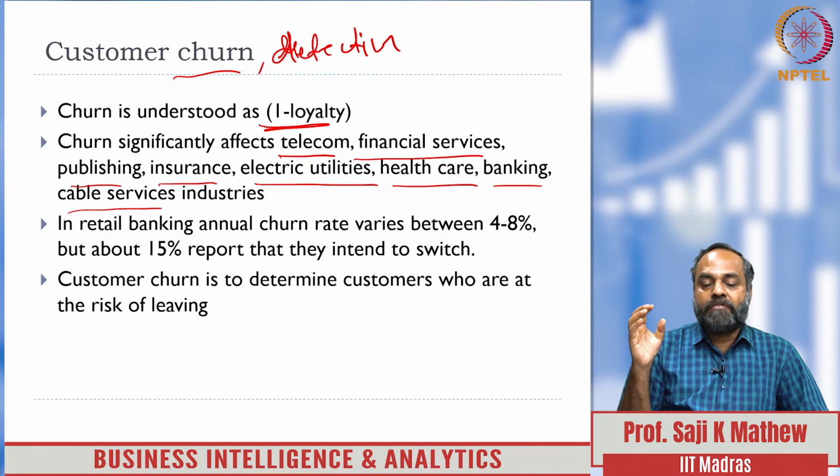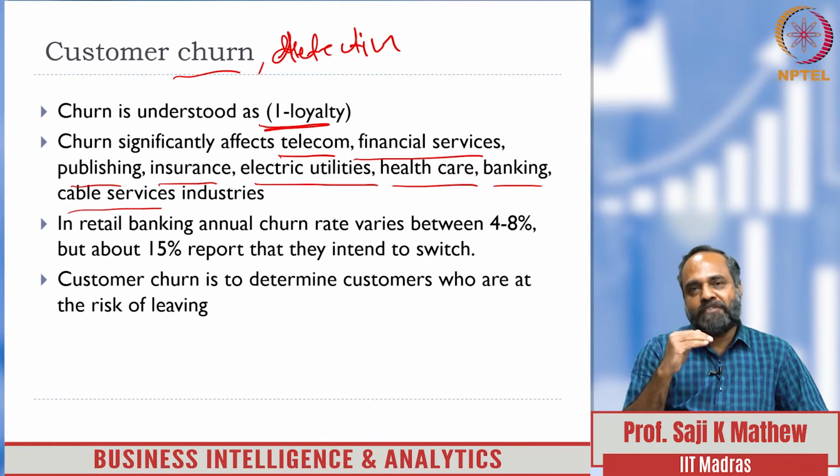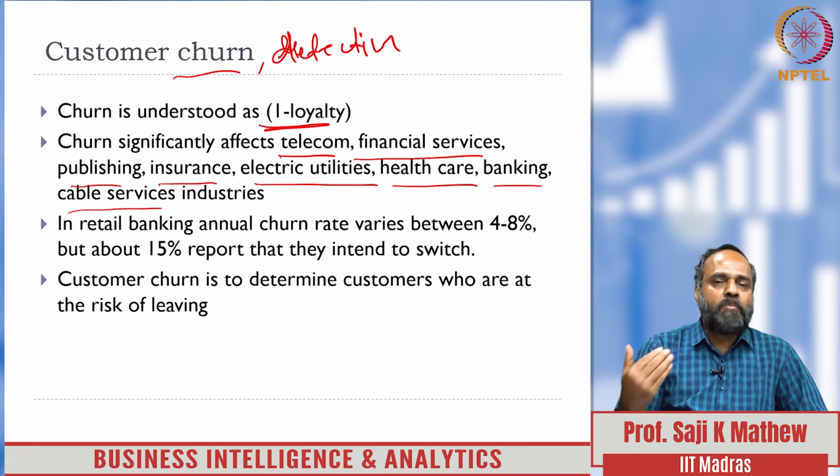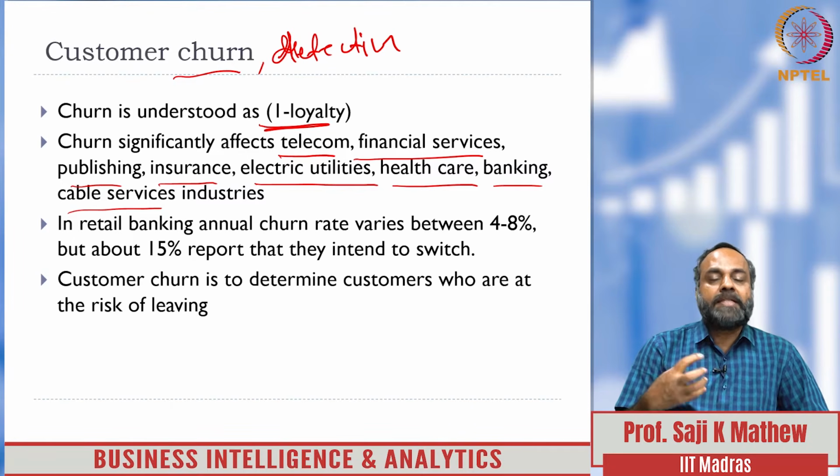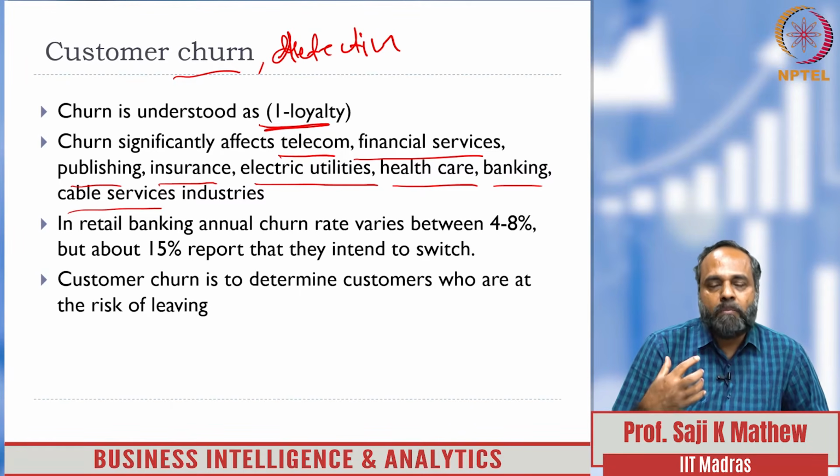For example, telecom. In our country, we have both prepaid and postpaid, and in India, prepaid is more popular than postpaid. But if you go to the West, you can see that telecom is based on contract, based on subscription, and that is the dominant model in the West.